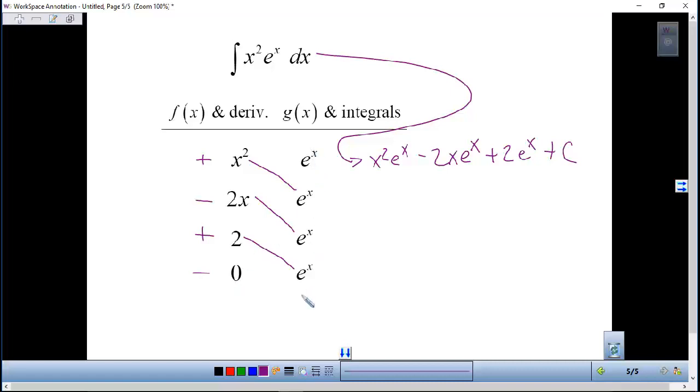It has to integrate repeatedly. And alternating signs going down this column here. Diagonals, you've got to do the diagonals. I know it doesn't show up here, but if you don't do diagonals on a trig function one, it's not going to work. So you get used to drawing those diagonals, and that's where you build your terms. And once you get to the 0, that's where you put the plus c.